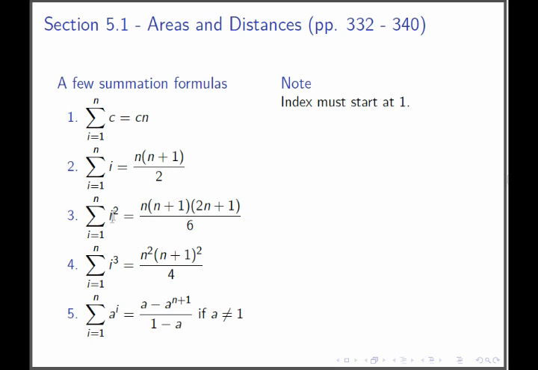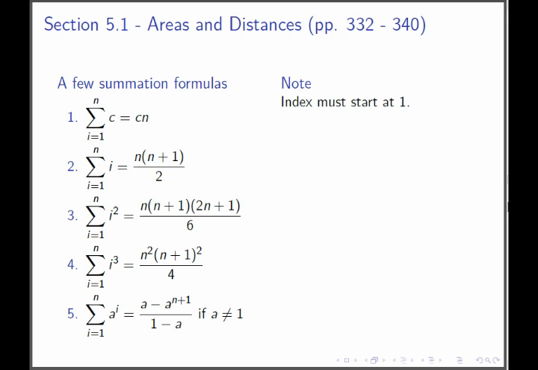This third sum is saying that the sum of the squares of the numbers, the first n squares, is equal to this expression, and the sum of the first n cubes is equal to this expression, and this one is more of a geometric sum. This is a to the 1 plus a squared plus a cubed and so on up to a to the n, and that's equal to this expression here. Important for these summation formulas, the index must start at 1 for these to be correct.